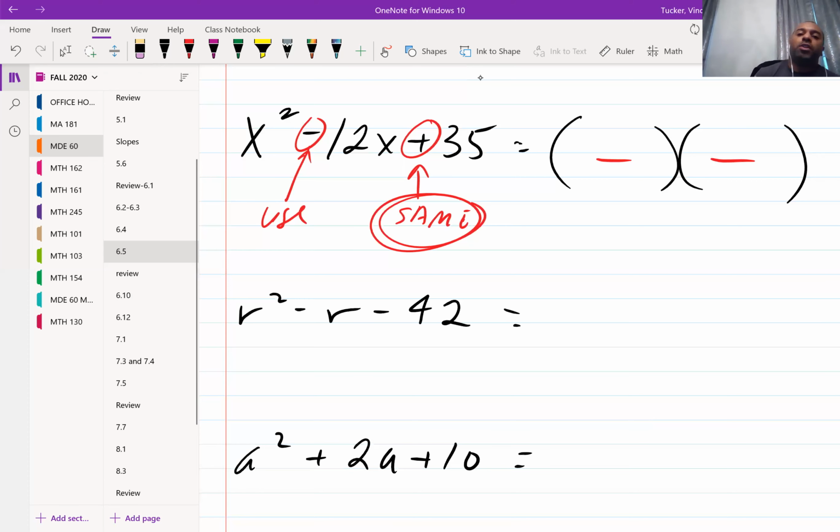All right. So we only have x squared in the front, so it's x times x. And now we need the factors of 35 that will add together to give us 12. And that's 7 times 5.